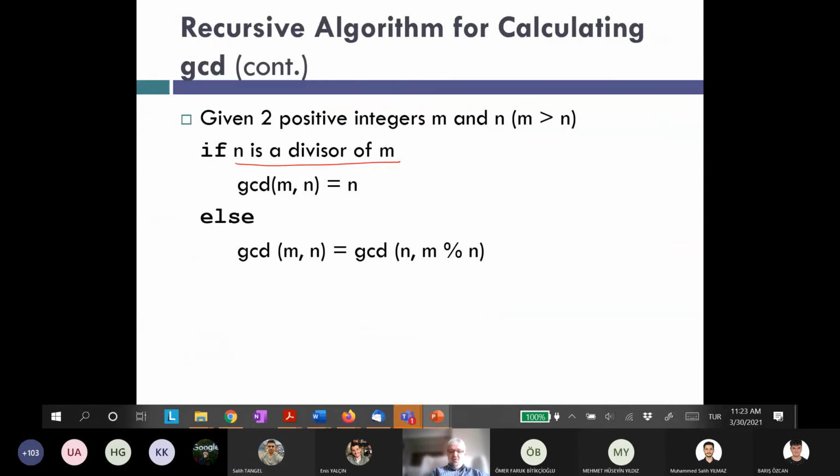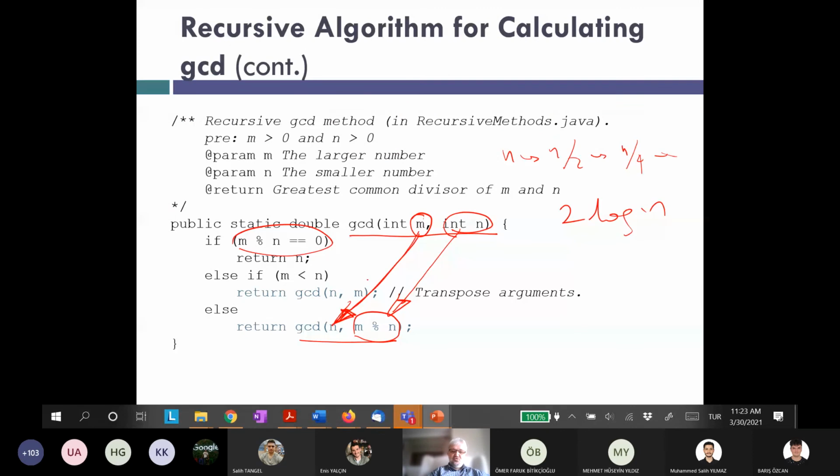But how small is this true? I cannot say exactly how small m mod n is, right? M mod n could be 1, 2, 3, 4, or n minus 1, right? Any value is possible. We cannot make sure that it is very small.